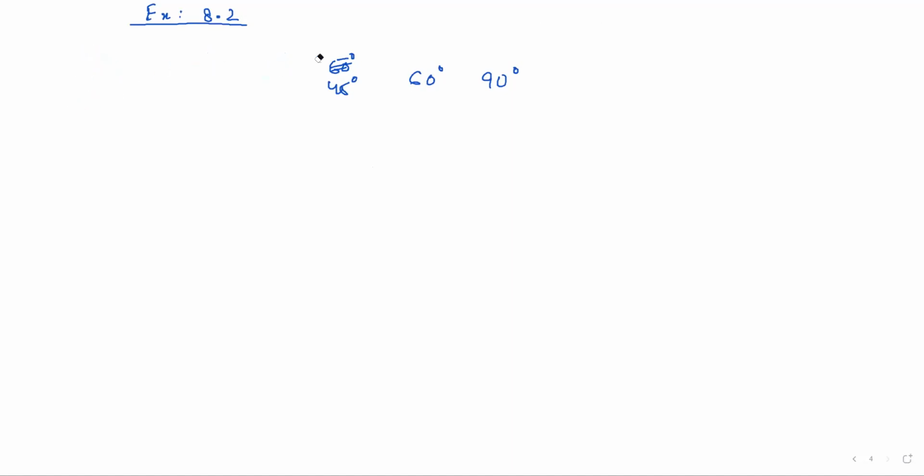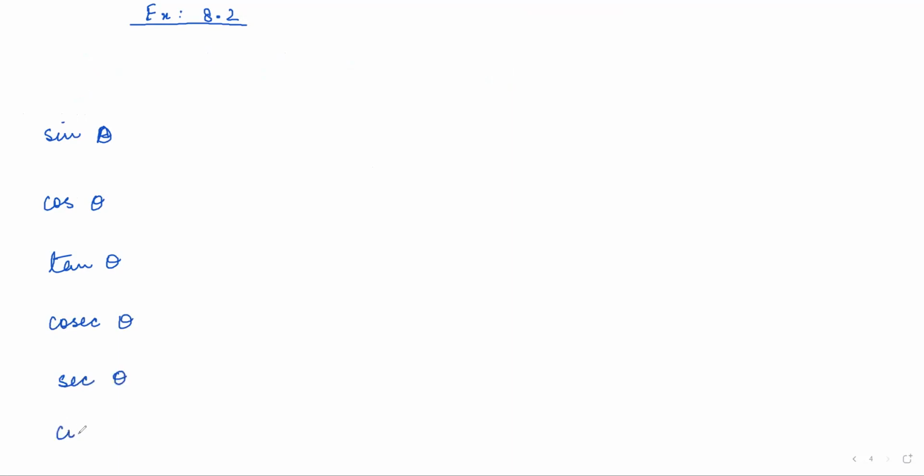So you draw a table like this. On the left hand side, write all the ratios: sine of theta, cos of theta, then tan of theta, then cosec theta, sec theta, and cot theta, right? Now here we take the values of theta.